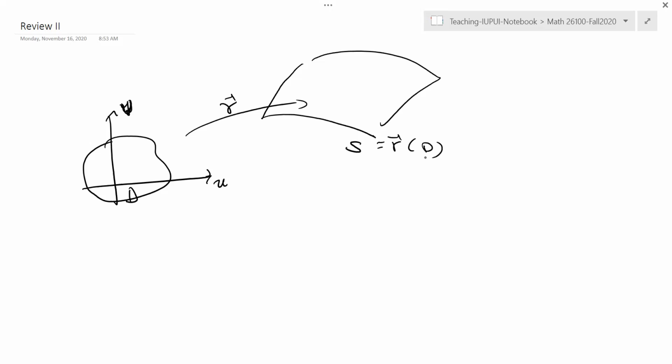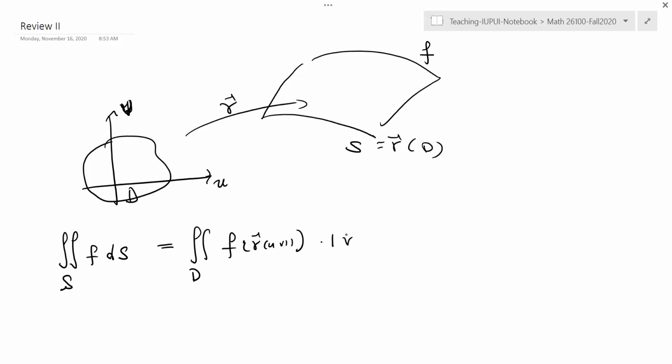Then if you have a function in the three-dimensional space or on the surface, then this integral of the function over the surface can be evaluated using a double integral. And this f, and then there's an additional term, dS.